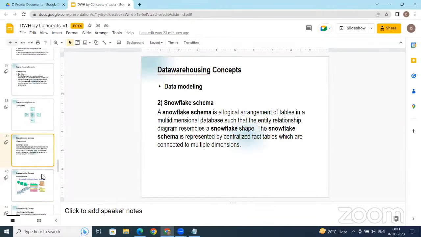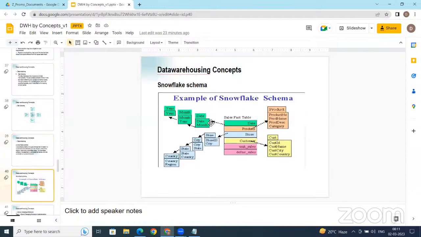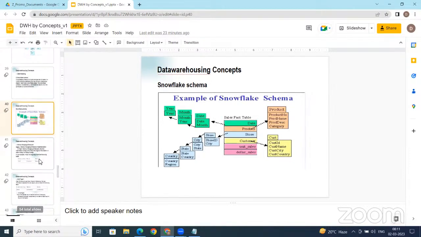Multi-dimensions are created on a centralized fact table. So here the dimension table has been categorized into sub-dimension tables. We will be receiving data from different versions and loading the data into a dimension table. So this is the Snowflake schema.